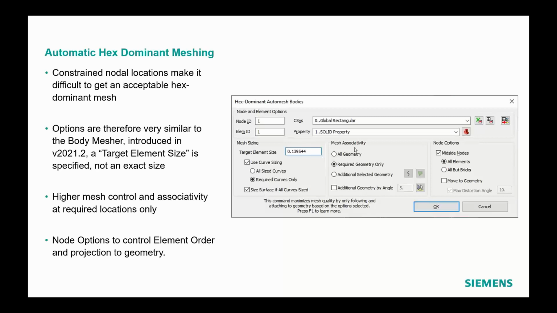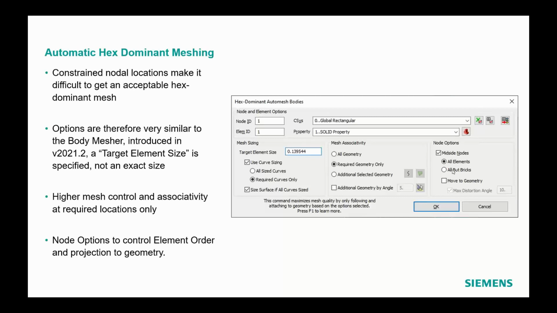And then there's also the ability to select all geometry to force the mesh to conform to all geometry. It will auto-detect required geometry if that's what you choose. And then you can also add selected geometry, if it thinks that some surface you don't need but you actually do. And then there's also some of that selection propagation information here.